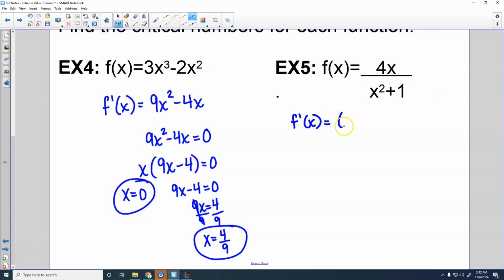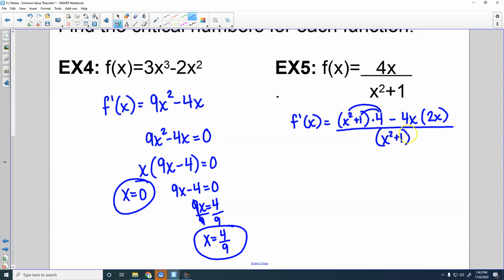So you'll have x squared plus 1 times the derivative of 4x, which is 4, minus 4x times the derivative of x squared plus 1, which will be 2x, all over x squared plus 1, squared. And then we just want to clean this up.